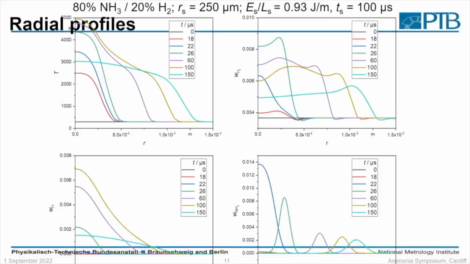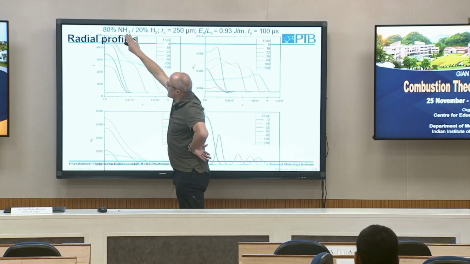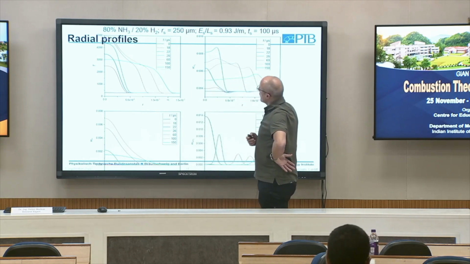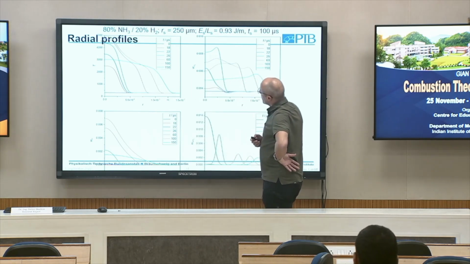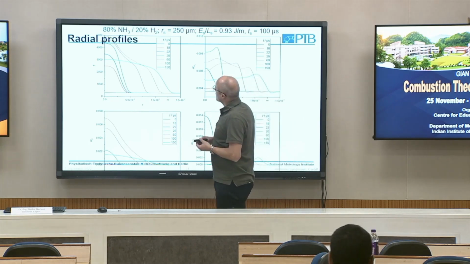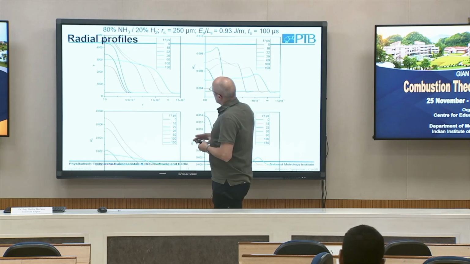So then we looked at the radial profiles of selected species. So here we have the temperature profile. So we have a rich ammonia hydrogen mixture. Rich means we have 80% ammonia, 20% hydrogen.